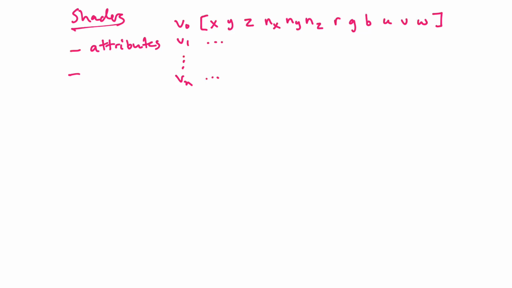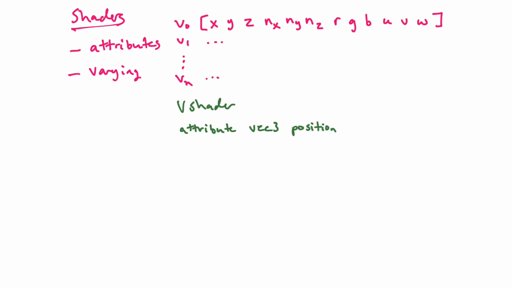Next, we have what are called varying. And these are how the vertex shader communicates to the fragment shader. So in our vertex shader, we might have a line that says attribute vec3 position.